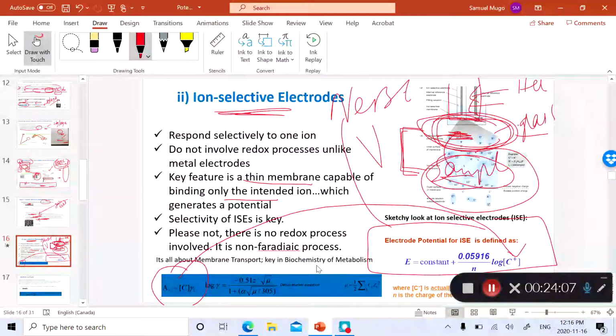The good thing is the activity of the analyte is proportional to the concentration multiplied by the activity coefficient. Now, in most cases, activity coefficients are very, very close to 1. And so that is why we make this approximation, that the E of the cell is proportional to the concentration. But ideally, we are measuring activity in potentiometry.